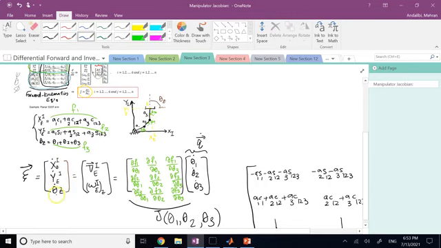If those guys were there, then you would get x dot, y dot, z dot and omega x, omega y and omega z.